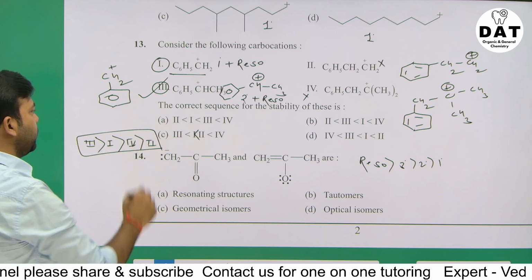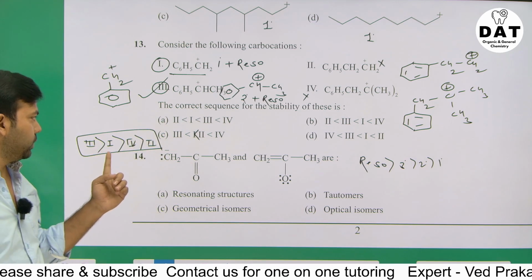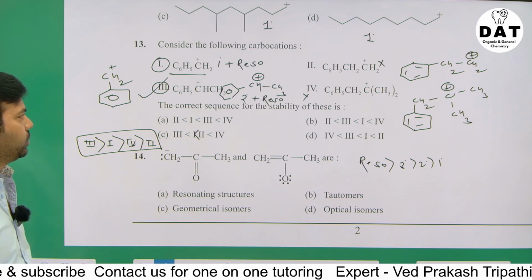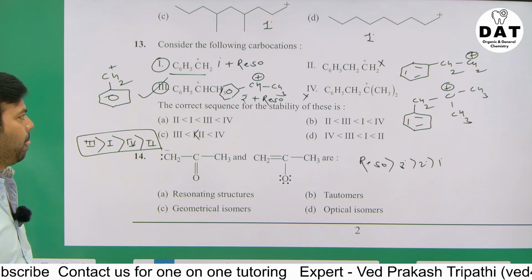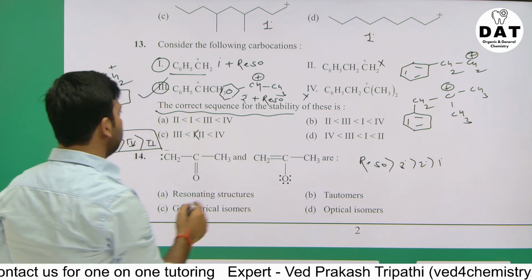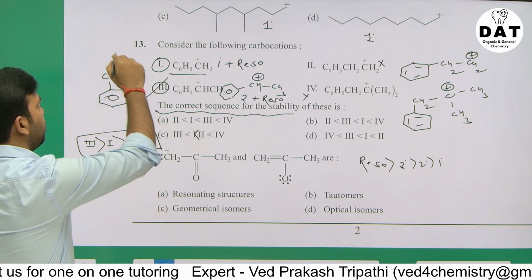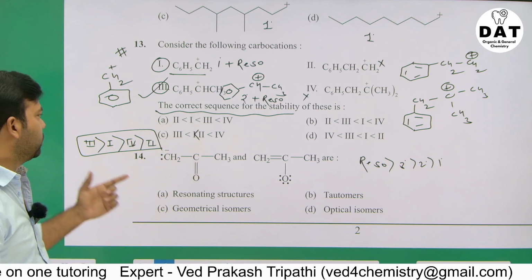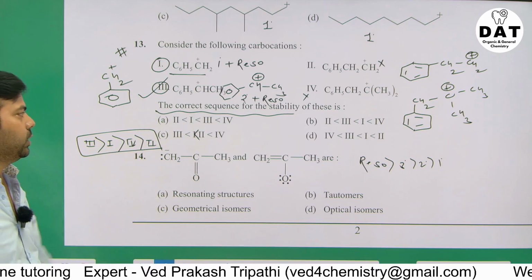So this is the right choice: third, first, fourth, and second. Yeah, it is not in this list, so you can mark here. So in this one we have the wrong options. So we can say third, first, fourth, and second.